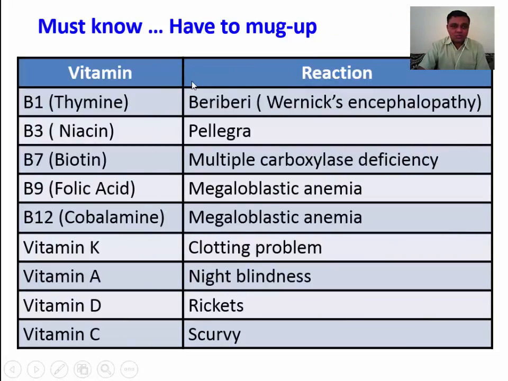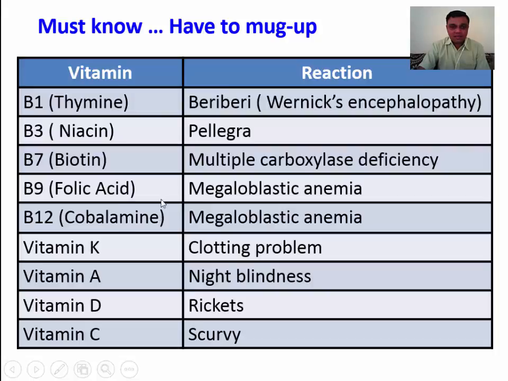This chart shows the names of vitamins, their reactions, and which disease can occur due to their defect or deficiency. So thiamine deficiency will produce beriberi, otherwise known as Wernicke encephalopathy. Niacin will produce pellagra. Biotin is used for all the carboxylation reactions, so if it is deficient, it leads to multiple carboxylase deficiency.